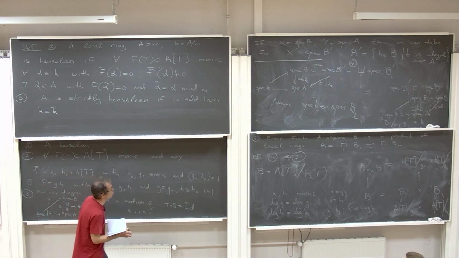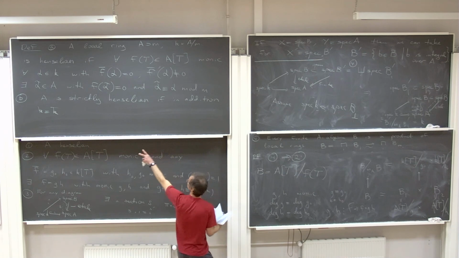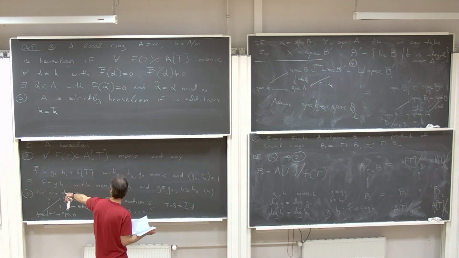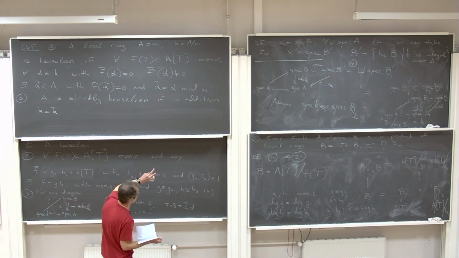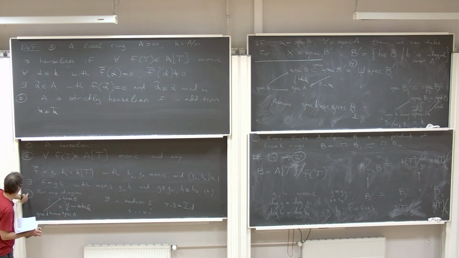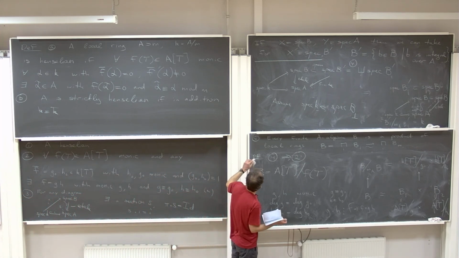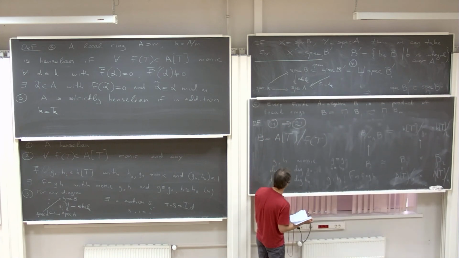It remains to show that, so we proved that 2, 3, and 4 are equivalent. So it remains to prove, for example, that 1 implies 3.